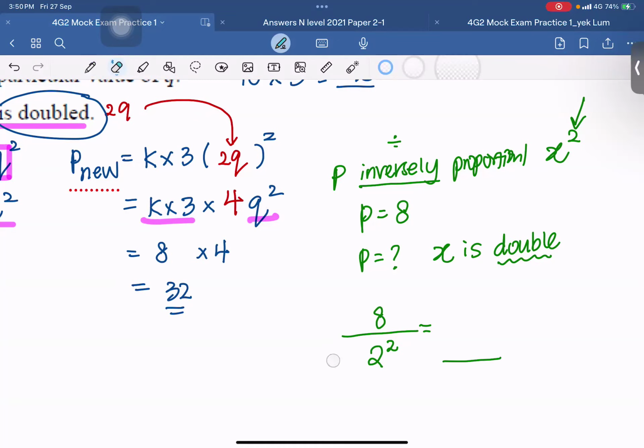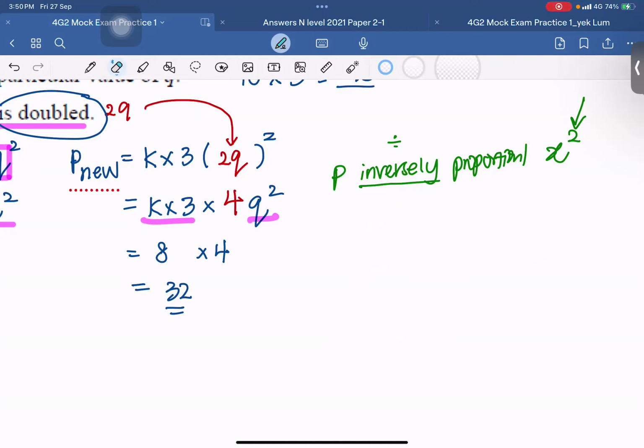Okay, I give you another example. P is inversely proportional to x cubed. For a particular value of x, P equals 64.